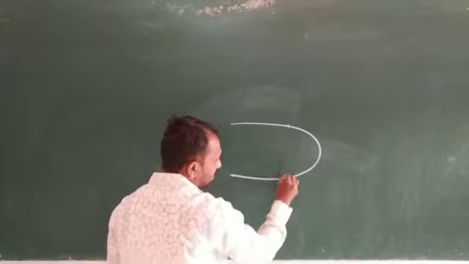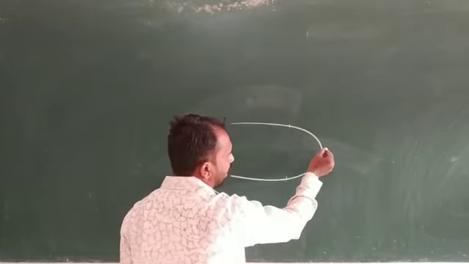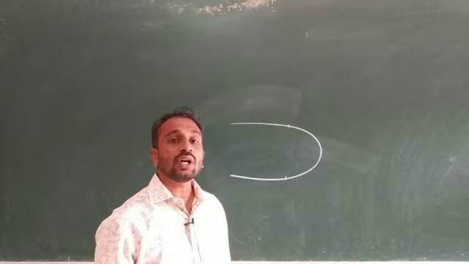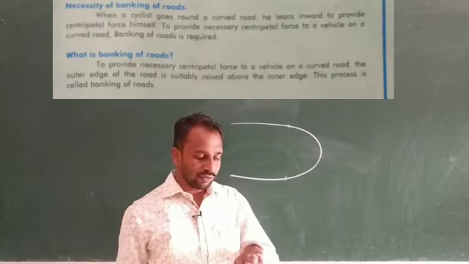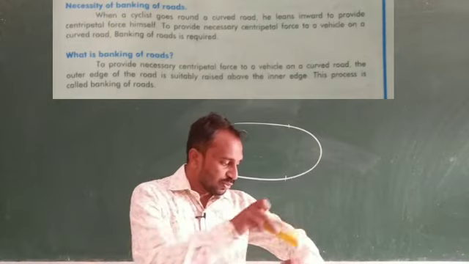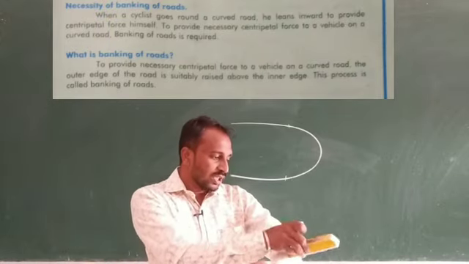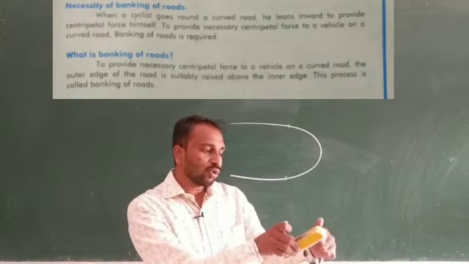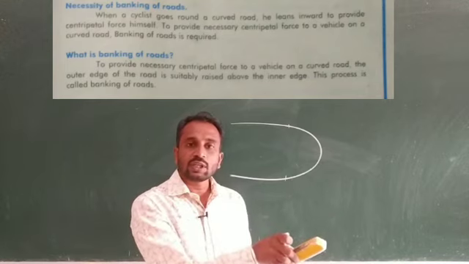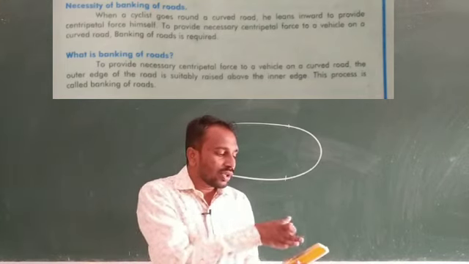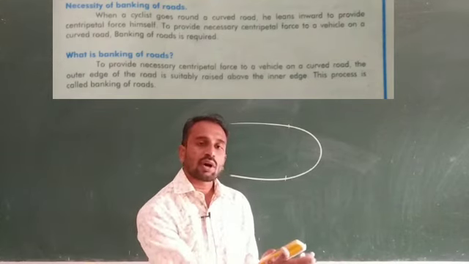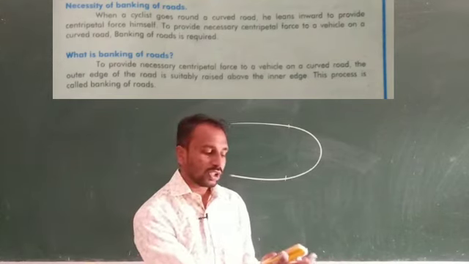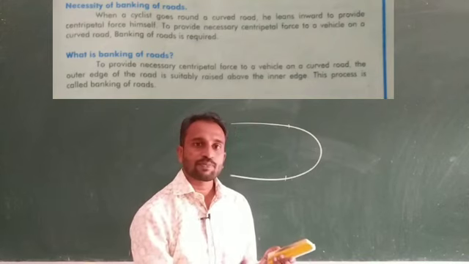On this curved path, the height of the outer edge increases compared to the inner edge, because the vehicle requires a centripetal force. So the outer edge height is maximum compared to the inner edge.